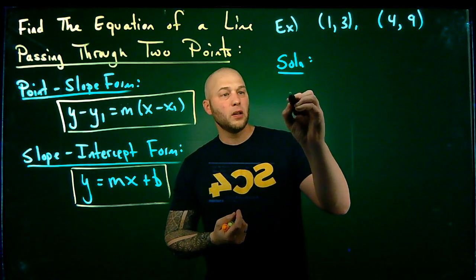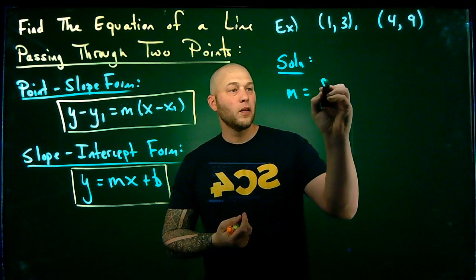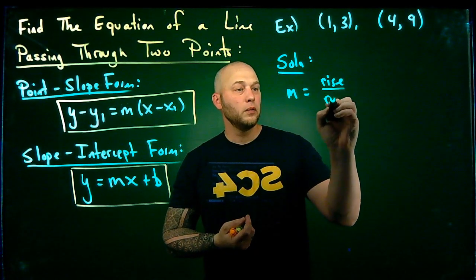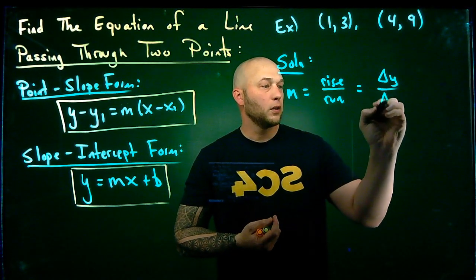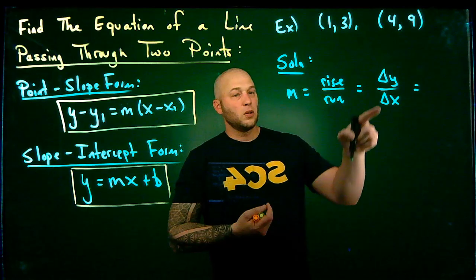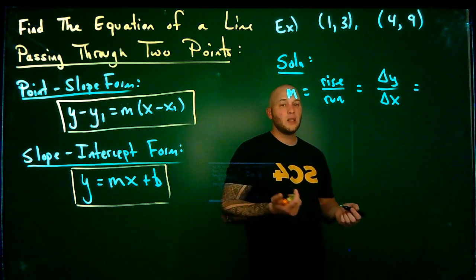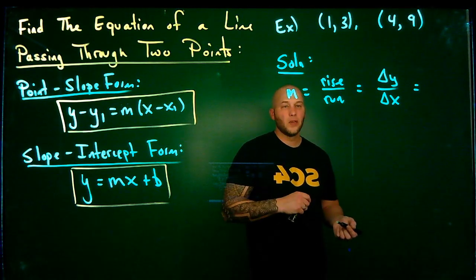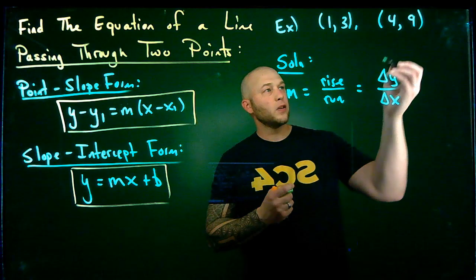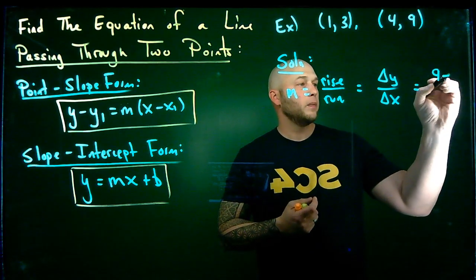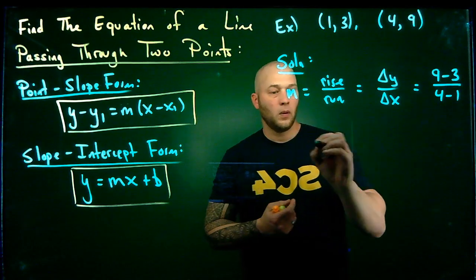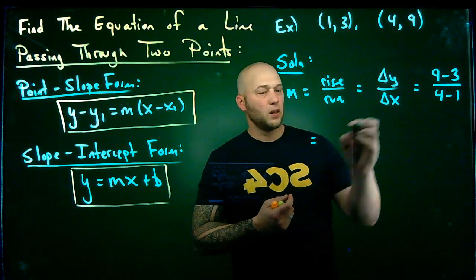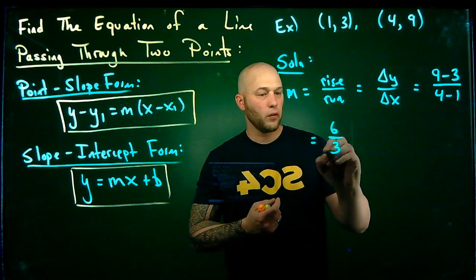Now, remember that the slope of a line is given by rise over run. Said differently, it's the change in y over the change in x. So this is a little bit more of a formal notation. It's just the difference of the y's divided by the difference of the x's. If I take the difference of the y's, I get 9 minus 3 divided by 4 minus 1. That would give me 6 over 3.